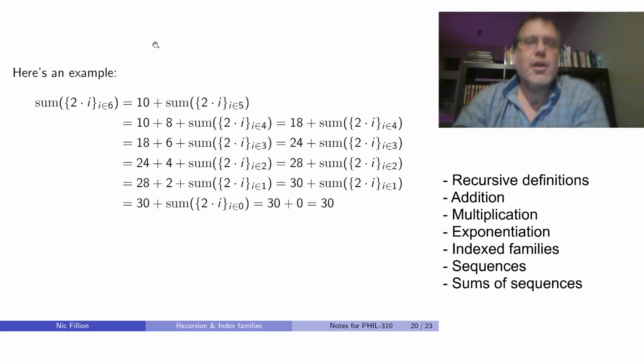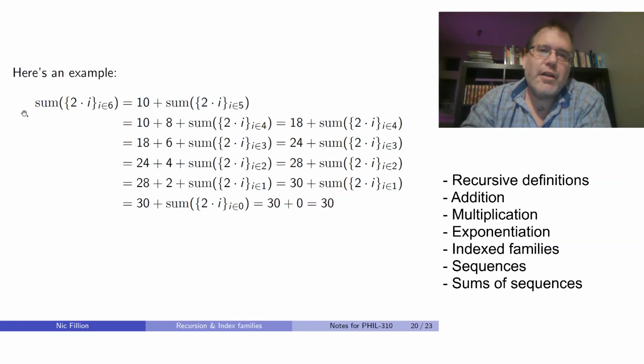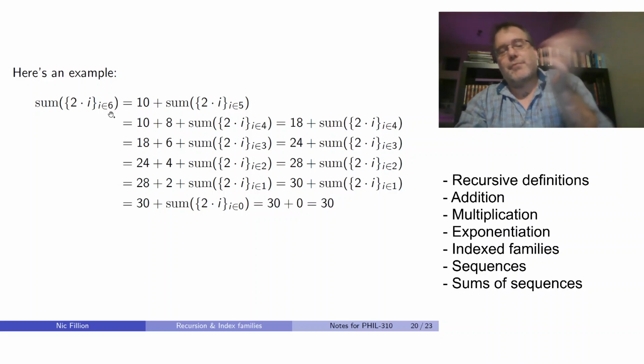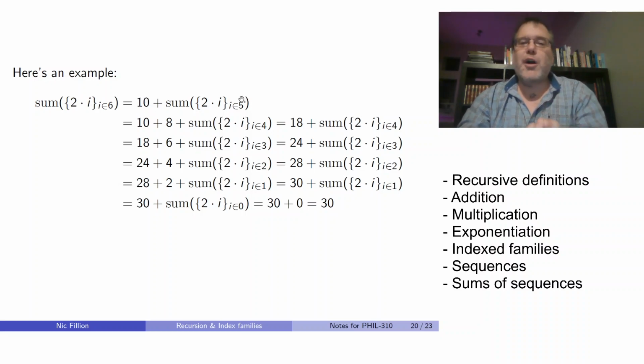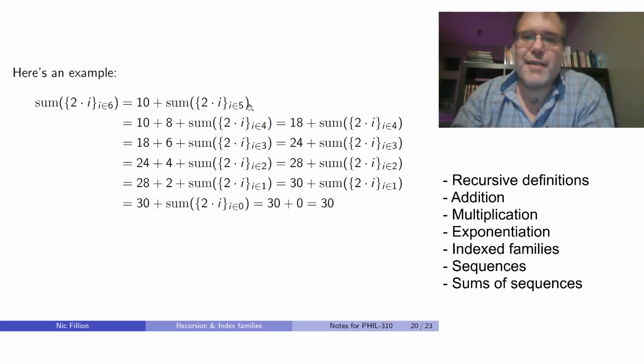Right? So the sum of that sequence of length 6 is the biggest item, so it's 2 times 5, which is 10, plus now the sum of the sequence of length 1 less, of length 5.